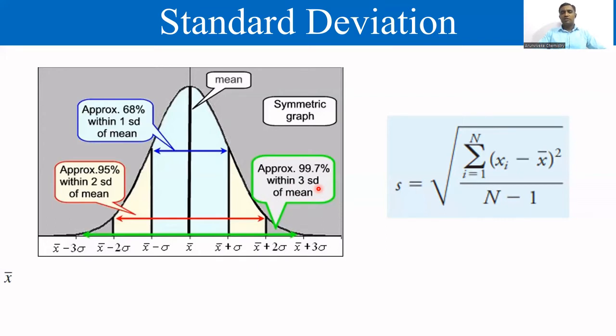In other words, standard deviation represents how precise the set of data are, or how close they are to each other, or how distant they are from the mean, both meaning the same. So the formula is again represented here: standard deviation s equals the square root of the summation, i equals 1 to n, of (xi minus x bar) whole square, whole divided by n minus 1.